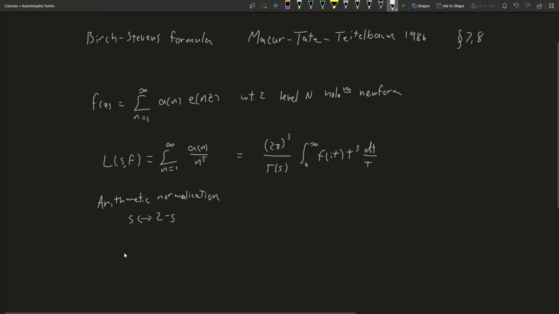And then what happens is that you can extend this to the region where you don't have absolute convergence.